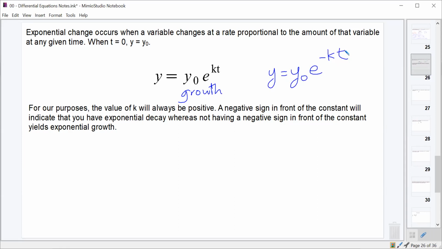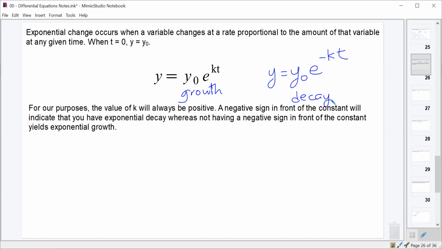But the value of k itself is still going to be a positive number. So this will be our formula for decay, y equals y naught e to the negative kt, and y equals y naught e to the positive kt will be our formula for exponential growth.